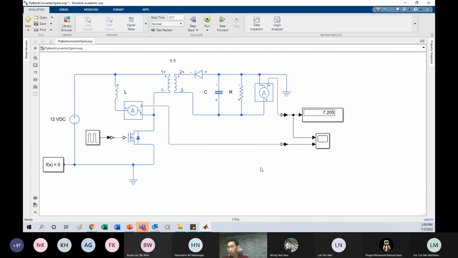Try to do this now and show me the output where you can achieve 5 volt. Tell me the percentage. How much? Just now I put 40%, right? I achieved 7 something already.